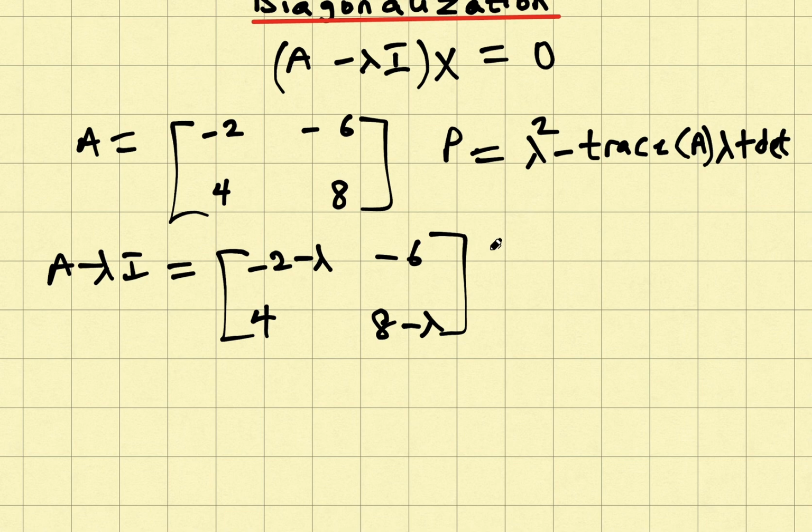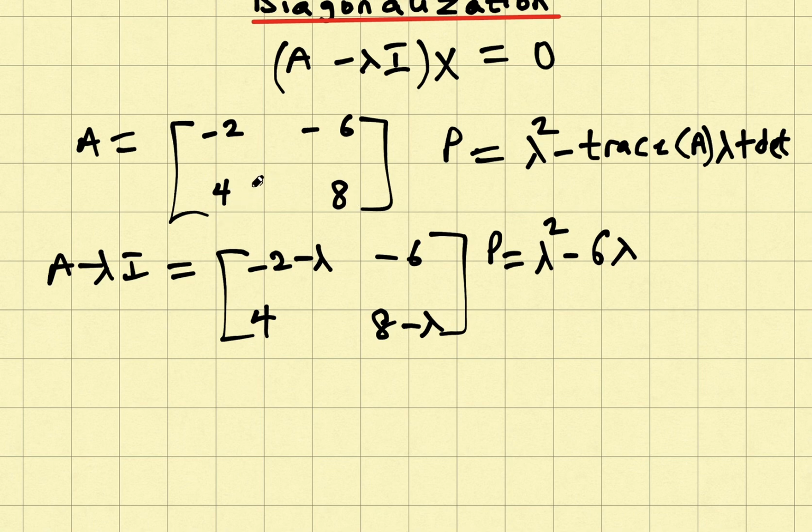Of course, P would be lambda squared. What is the trace of A? The trace of a matrix is simply the addition of all the elements in its principal diagonal. -2 plus 8, that is 6. So we have -6 multiplied by lambda. And what will be the determinant of this 2 by 2 matrix? -2 times 8, that is -16.